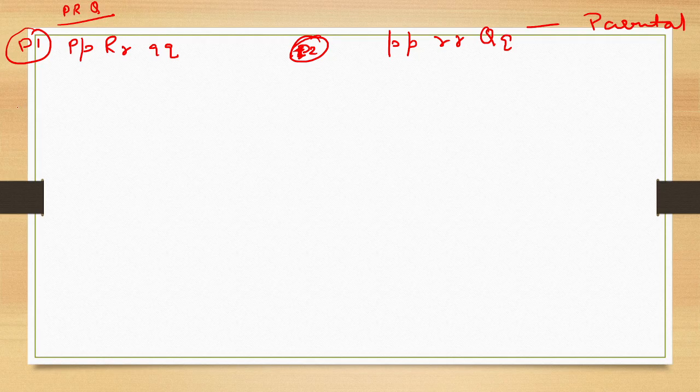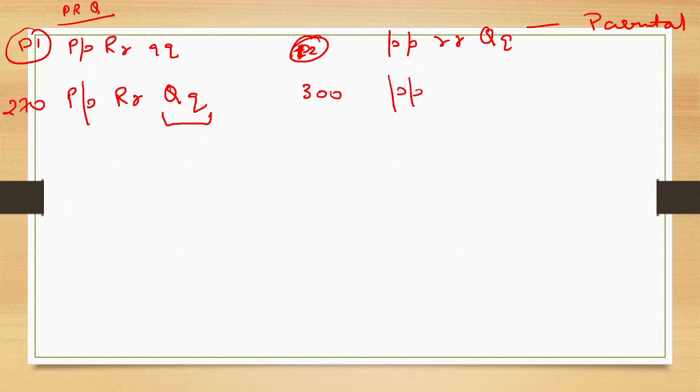So for 270, you can see it is PP, RR, QQ. So you can see from here crossover has occurred in Q. For your 300, it is PP, RR, and QQ.